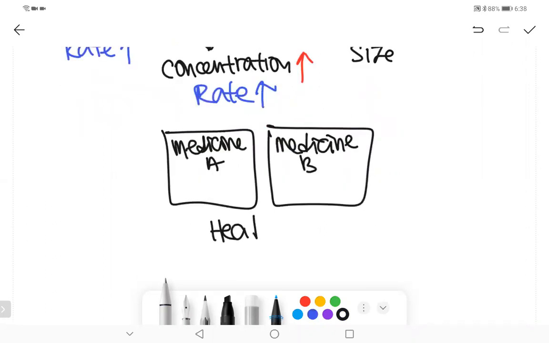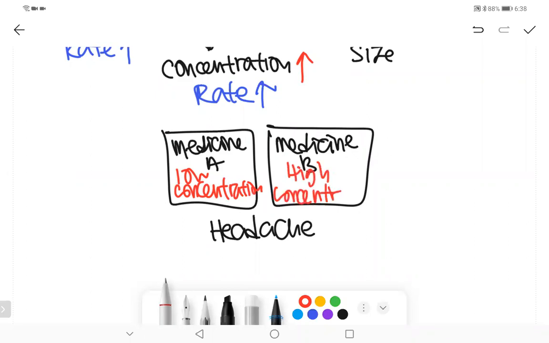So let's say we have a headache and we have pain, and we want to take the medicine to stop the pain. Medicine A has low concentration. Medicine B has high concentration.